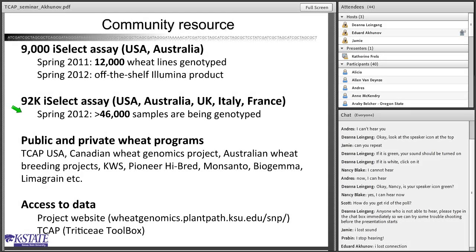All the data that is generated or will be generated will be accessible through the project website, and eventually everything will be migrating to the TCAP Triticeae Toolbox database. So you should be expecting within this year more and more data being deposited there.